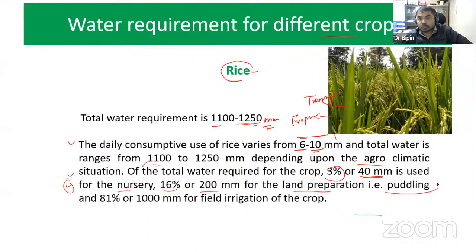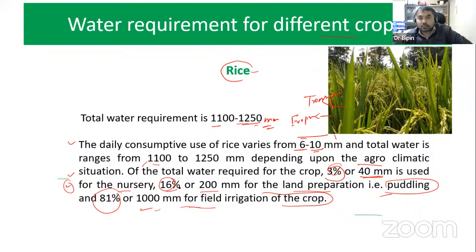As I told you, rice requires puddling. And 81%, the remaining 1000 mm, is field irrigation for the crop. The crop will use it, but you can see here 16% and near about 3%, that is 19% we use before the transplanting.